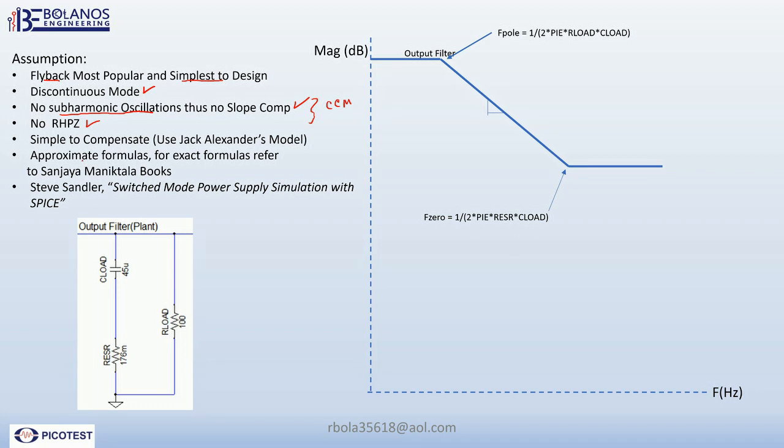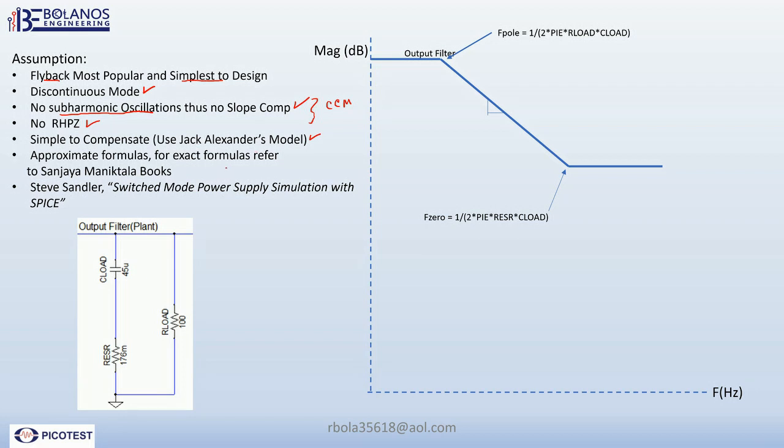Now I'm going to be using a model that was taught to me by my mentor, Jack Alexander. This makes compensation very, very easy, using Jack's model, and also being that it's a discontinuous mode.